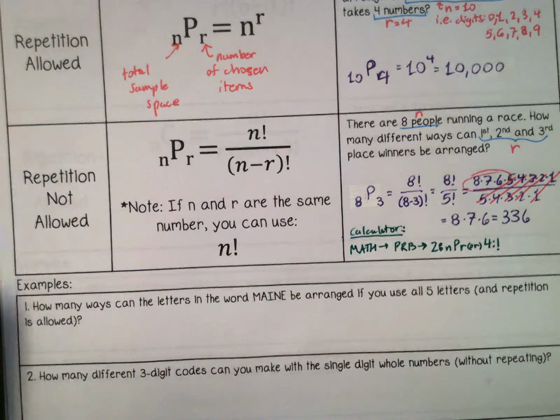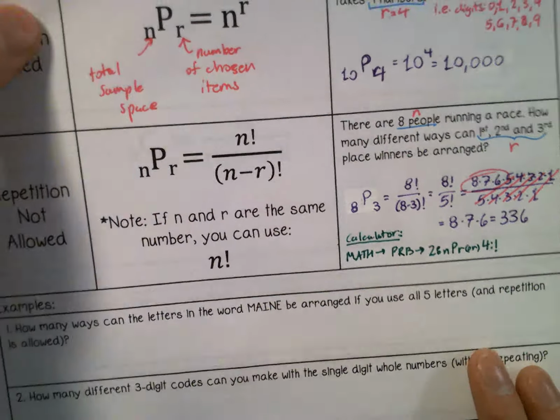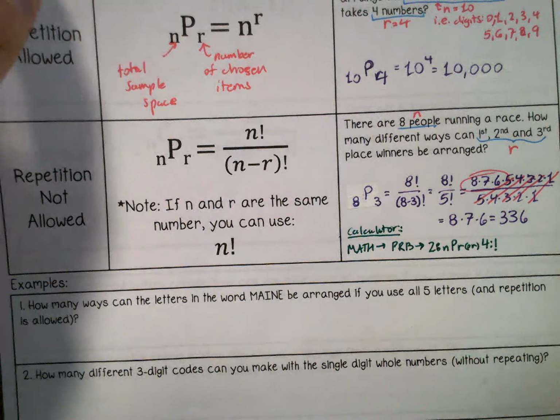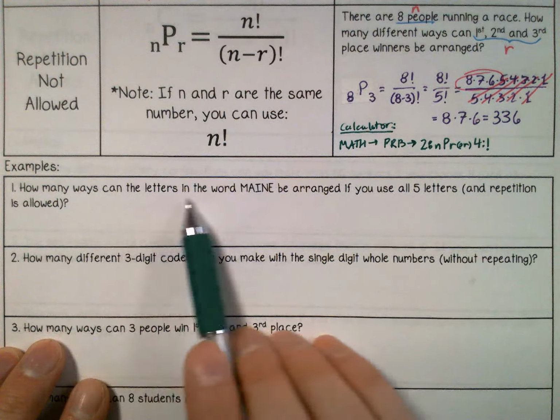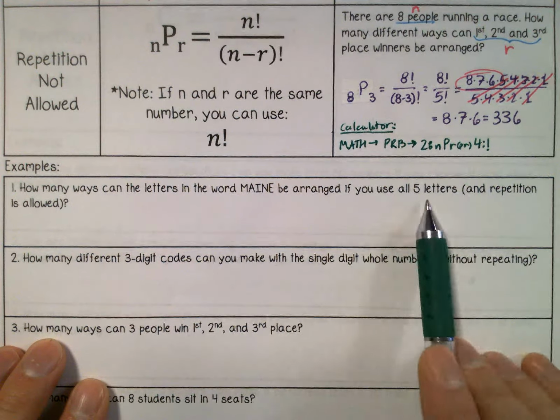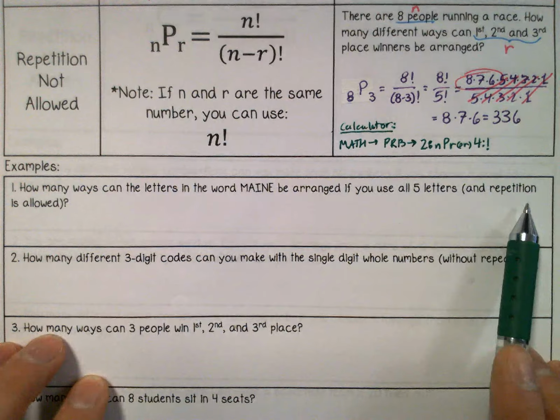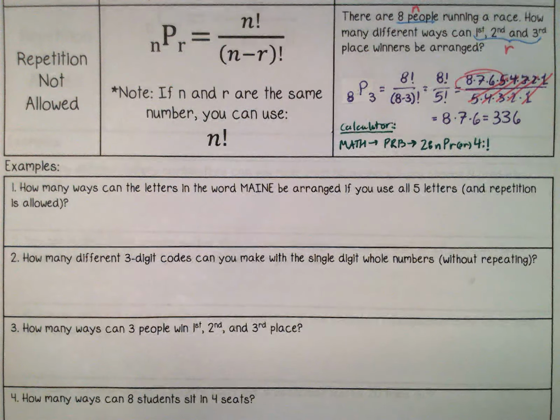All right, now let's go and look at some examples. How many ways can the letters in the word Maine be arranged if you use all 5 letters? And repetition is allowed. Great. That means we're using the first equation. N permutated over R equals N to the R power, right?